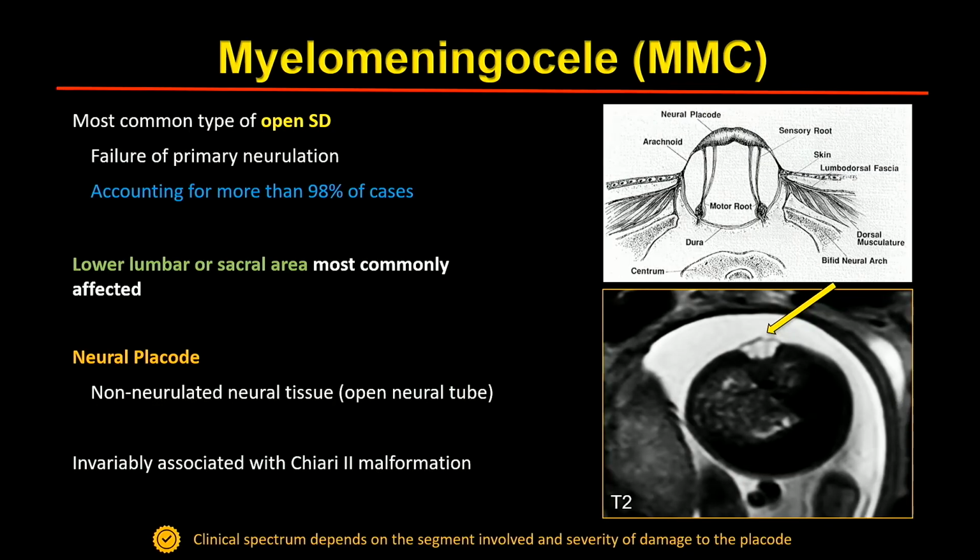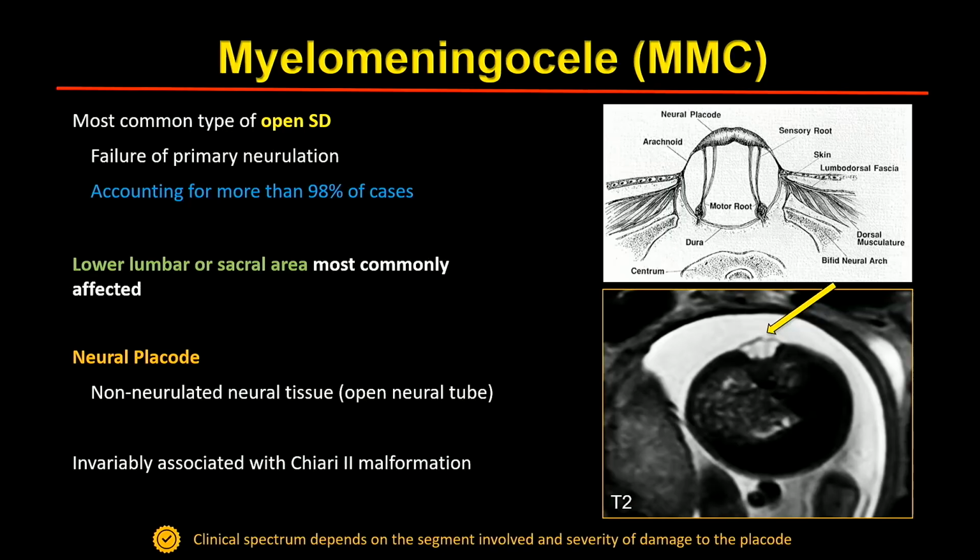When I was in training, I had no clue what neural placode means. People just say neural placode, but what is it? Basically, the neural placode is a portion of the neural tube which is stuck in the primordial stage. It was not stimulated by the notochord. It never evolved into a neural groove or a neural fold or a neural tube.